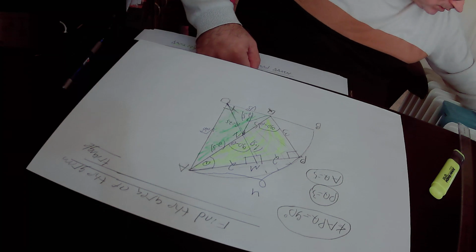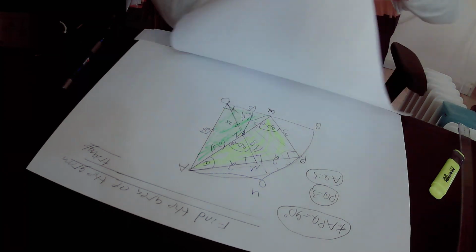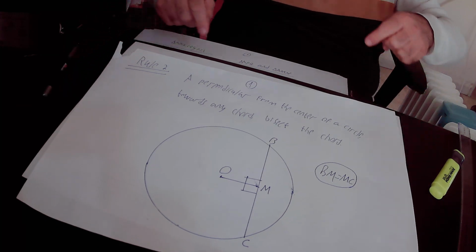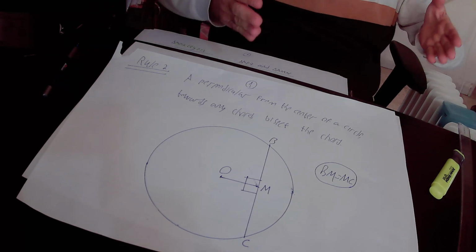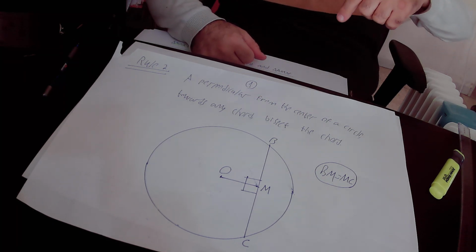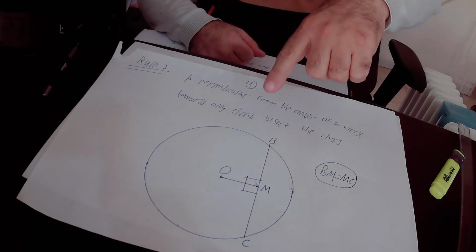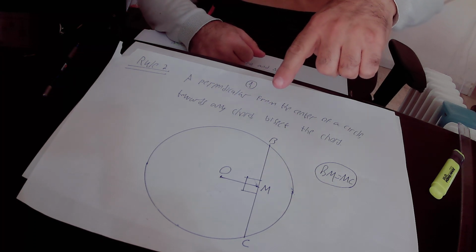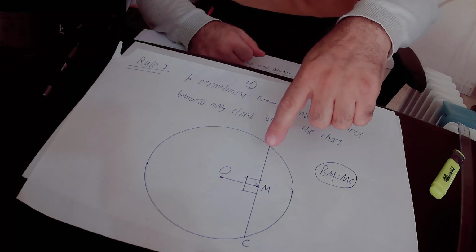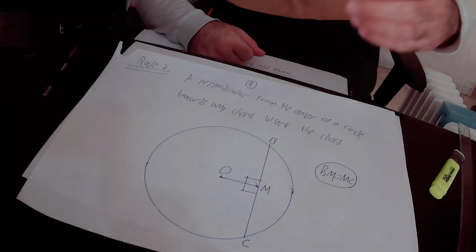I repeat again, rule number 2. A perpendicular from the center of a circle towards any chord bisects the chord. Point O is the center of the circle. BC is a chord, so from the center of the circle, that is to say from point O, we draw a perpendicular to BC. This angle is 90 degrees according to our construction.